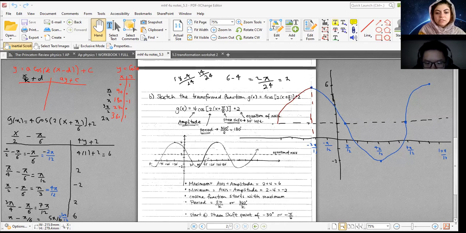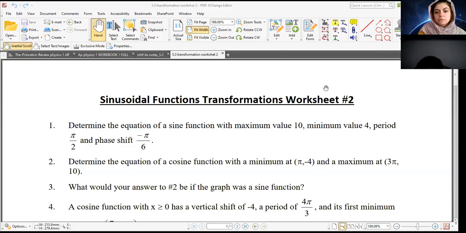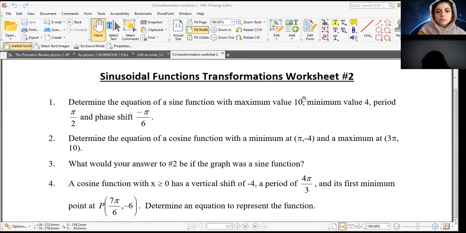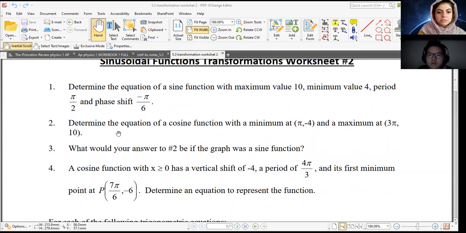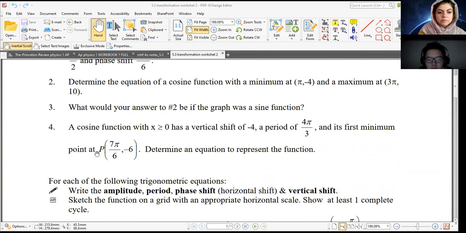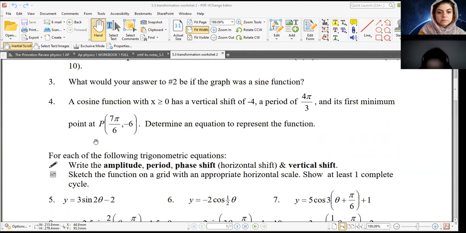So I want you to take a screenshot of that, please. So, sinusoidal function transformation worksheet for 5.3. The first question, second question, third one, fourth one.